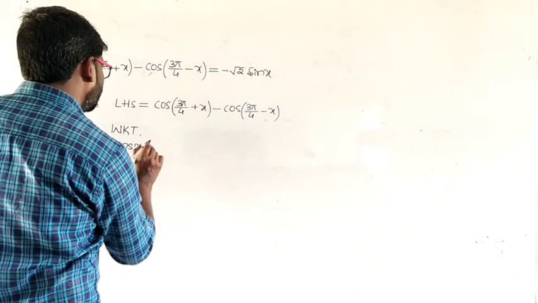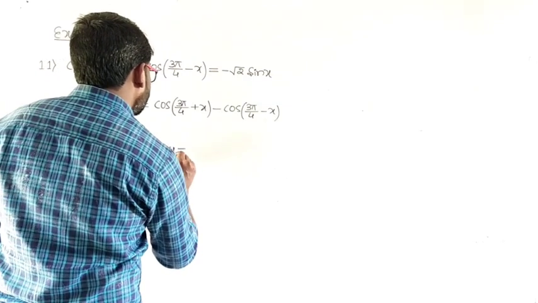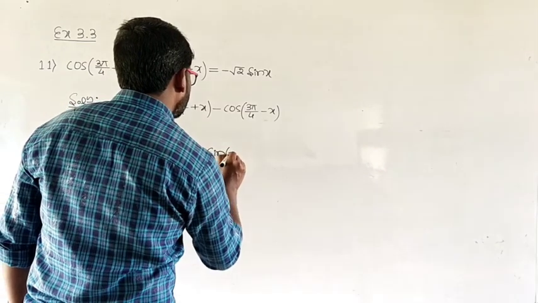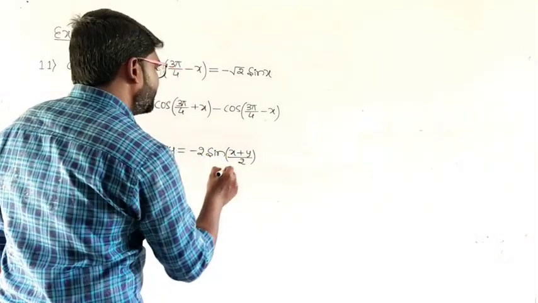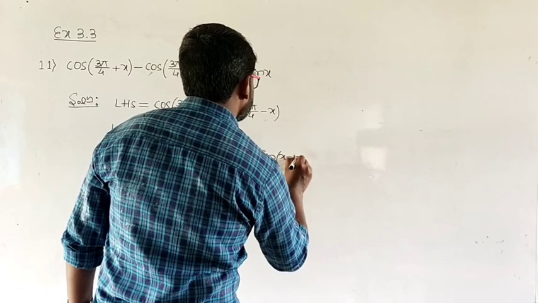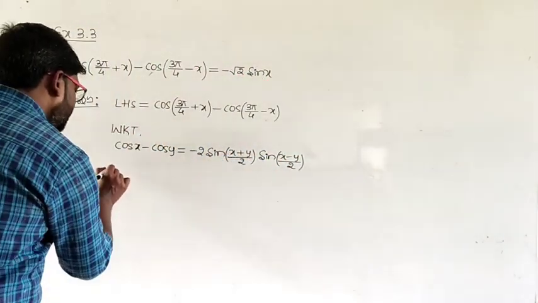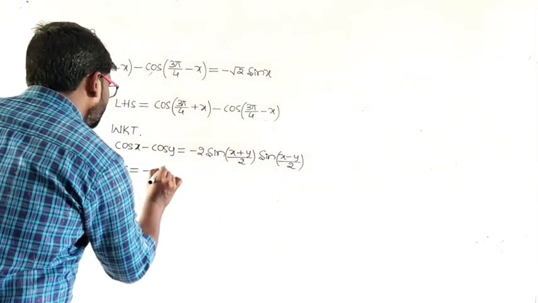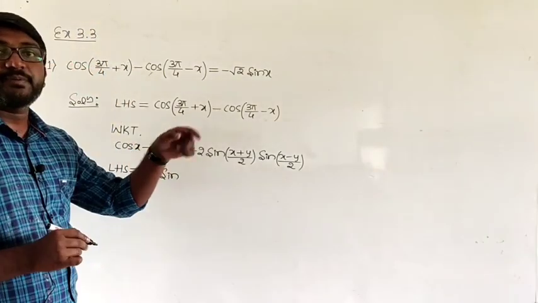Cos x minus cos y is equal to minus 2 sin of x plus y by 2 into sin of x minus y divided by 2. So now LHS is equal to minus 2 sin of x plus y by 2.